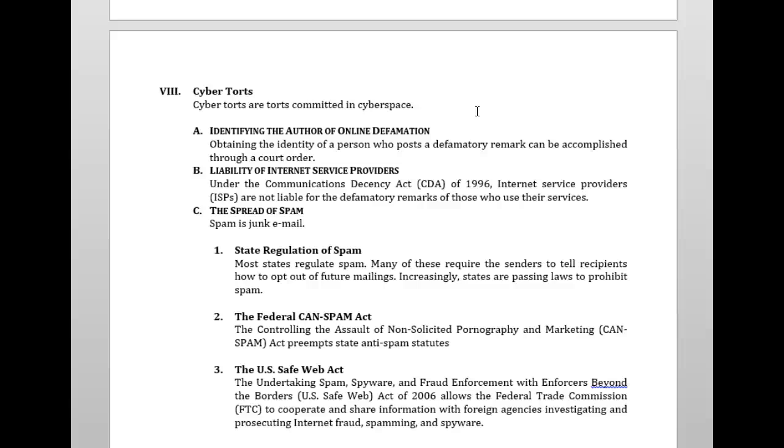If it's in a country that we don't have an agreement with, or in an area where we don't have control, it's going to be very difficult to get that identification. At one time they tried to say internet service providers were the same as publishers.